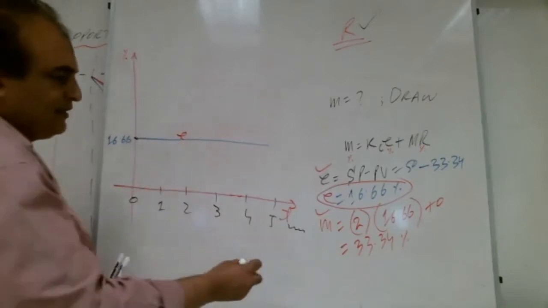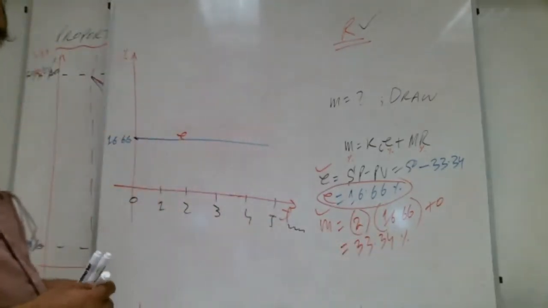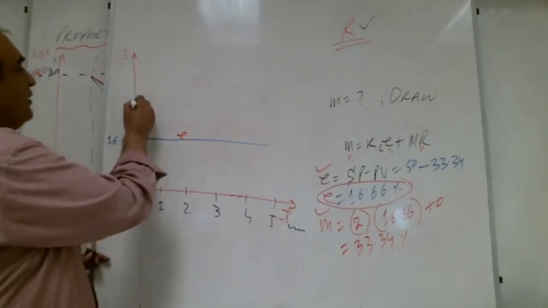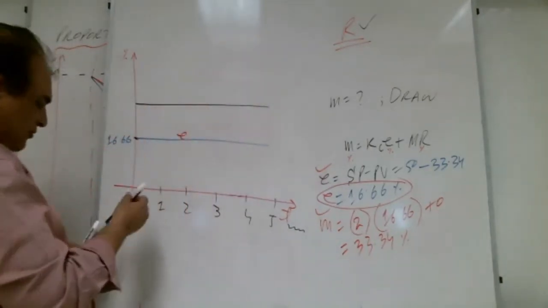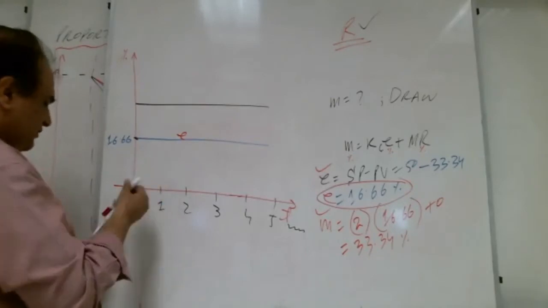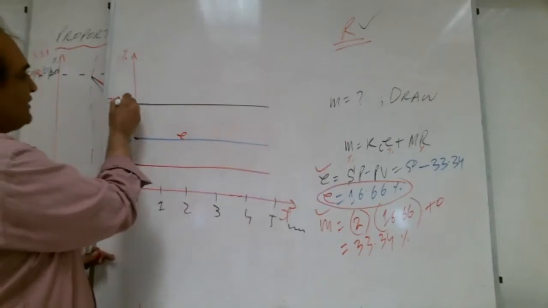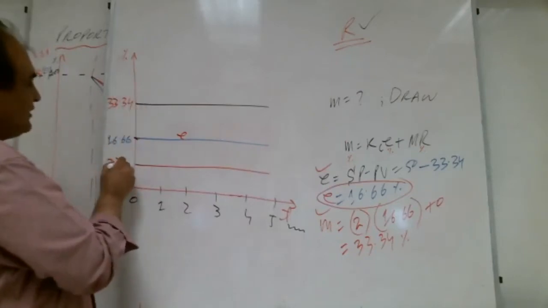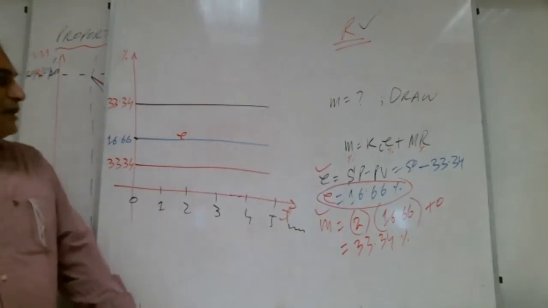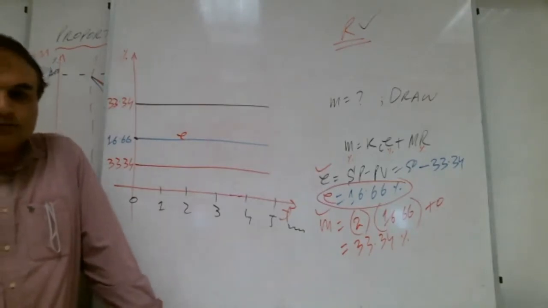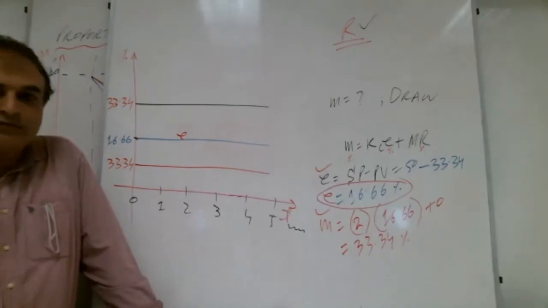Output is what? 33.34%. Which one is the correct line for the output: blue, red, or black? Black. Why black?